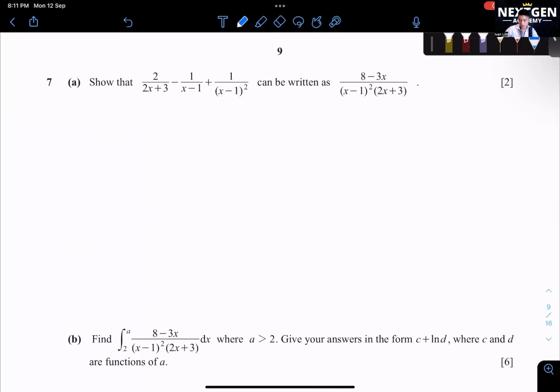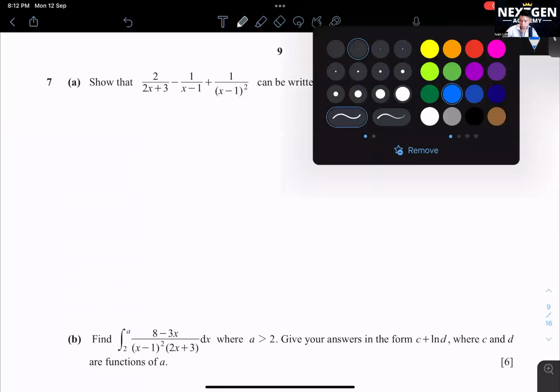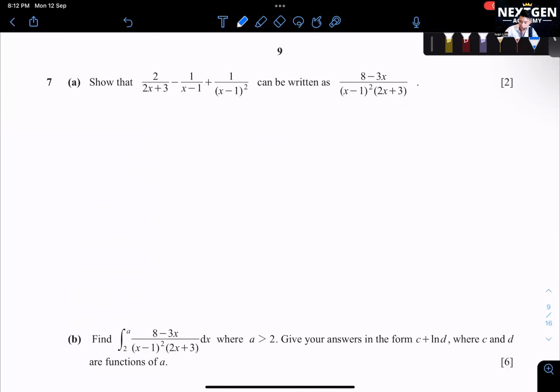Okay, question 7. Show that 2 over 2x plus 3 minus 1 over x minus 1 plus 1 over x minus 1 square can be written as 8 minus 3x over x minus 1 square times 2x plus 3. So this one is just your normal fraction. It looks a bit complicated, but it's only 2 marks. It's actually just using your basic understanding of fraction. I want to change my denominator to x minus 1 square and then 2x plus 3.